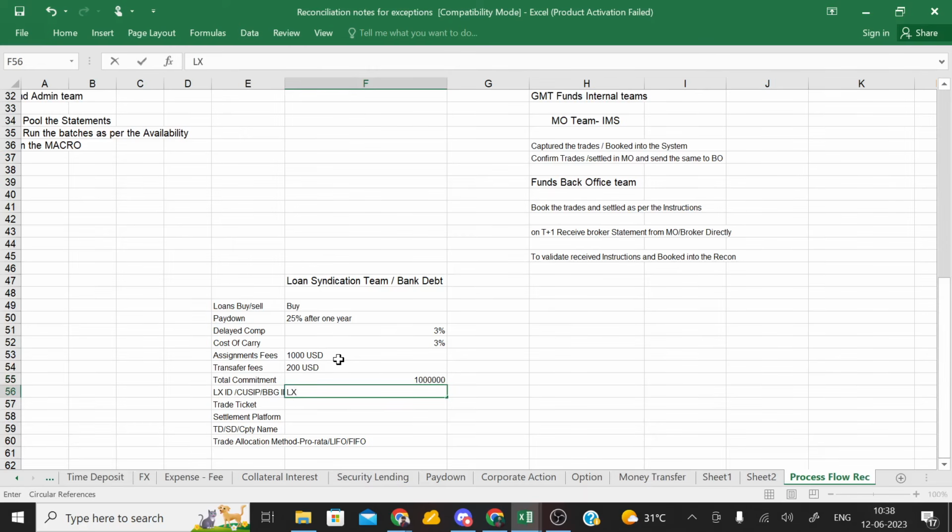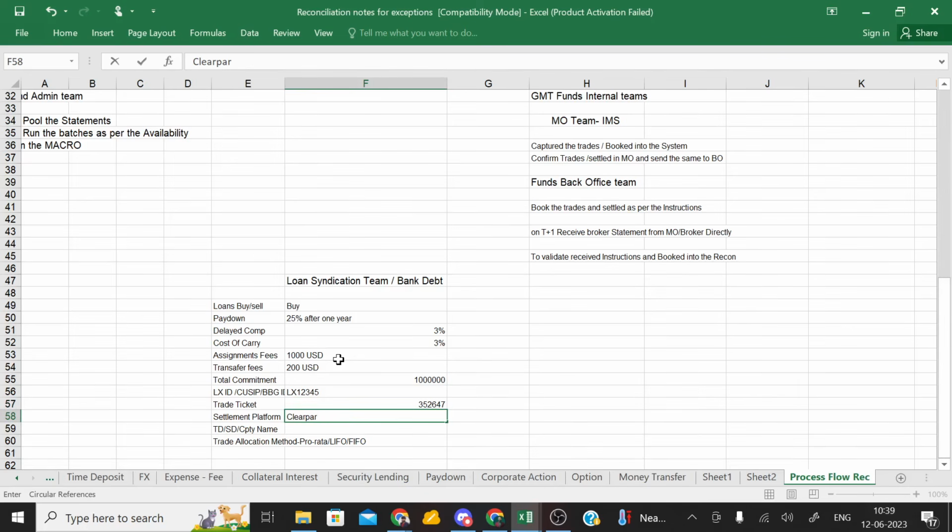LXID looks like this, 7 digits. Trade ticket is a ticket reference number, 5 digits or 6 digits, depends. Settlement platform, let's say ClearPar.